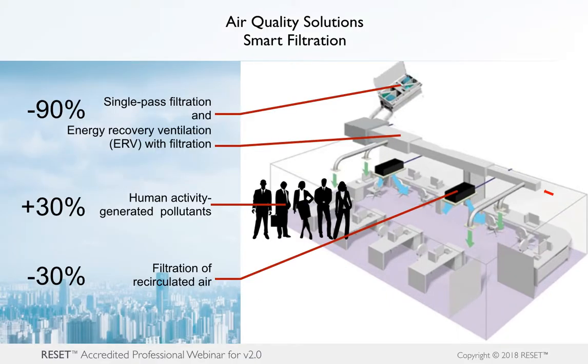And one of the things that's worth pointing out, I'm going to come back to this slide in a second, but just to bring all this to the forefront, we found that even if you have a lot of filtration on your main air handling units, say you filter at 90% at the air handling unit level, meaning that the filtration is supposed to be removing 90% of particulate, let's say.